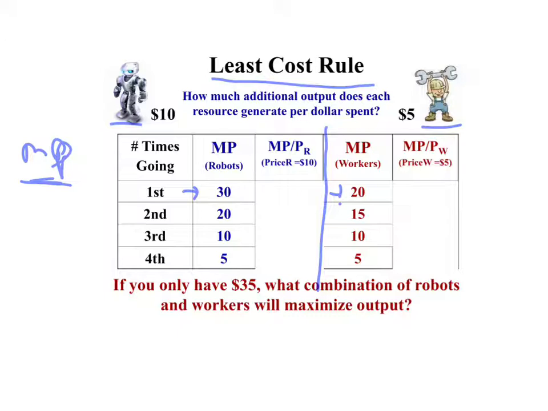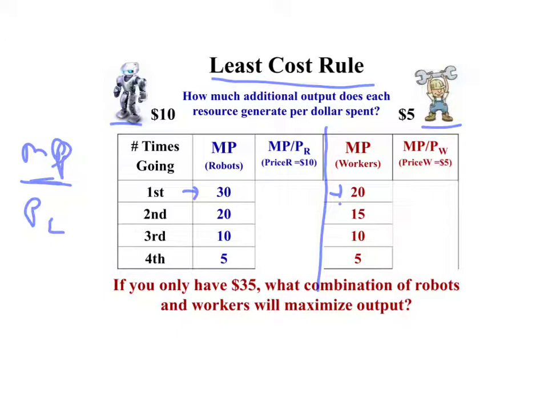And remember, in perfectly competitive resource markets, this is a constant thing. The price of labor or the rental fee for capital is something that's constant, okay? So we're really going to be looking at the marginal product over the price of the resource, whether that's the constant wage for labor or the rental price of capital.